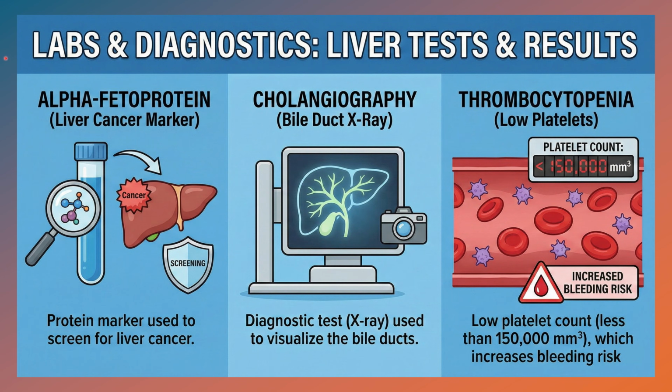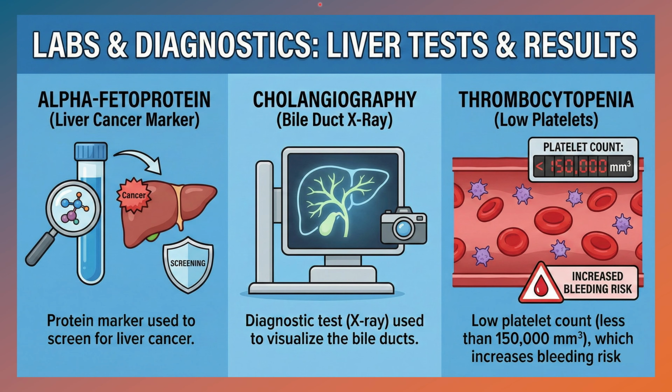I found 3 key terms related to labs and diagnostics for the liver tests and results. So the alpha fetoprotein, a protein marker used to screen for liver cancer, a protein produced by the fetal liver, elevated in adults may indicate liver cancer or germ cell tumors.